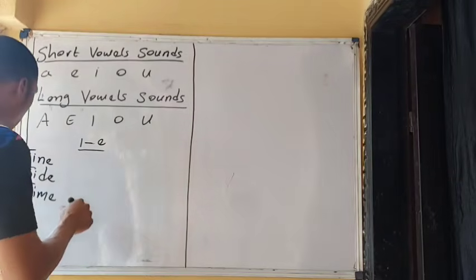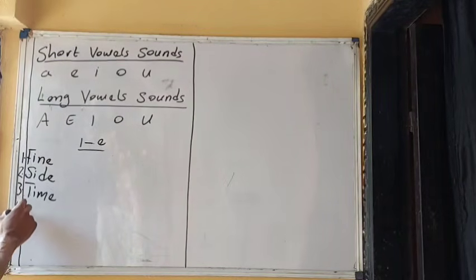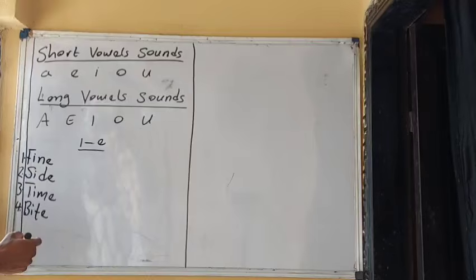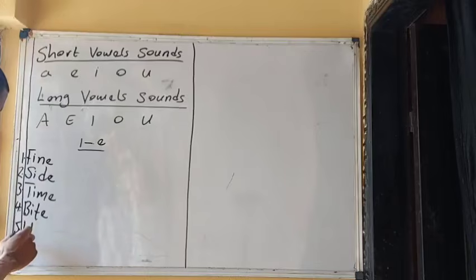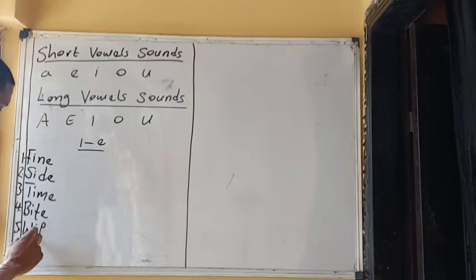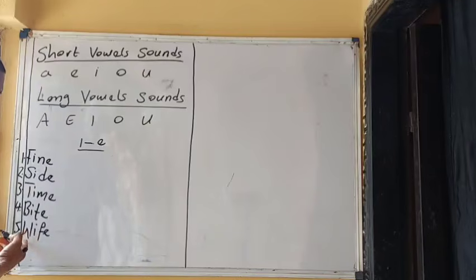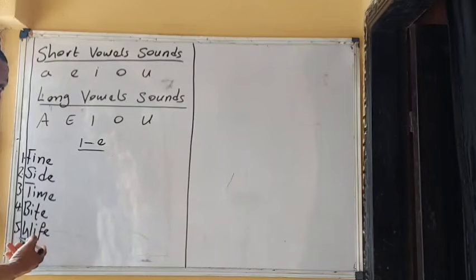Okay? Then the next one, we have b-i is "bi". But if I add t-e, it becomes what? Bite. Number five, w-i-f, we add e and it becomes wife. Is that clear? Wife.